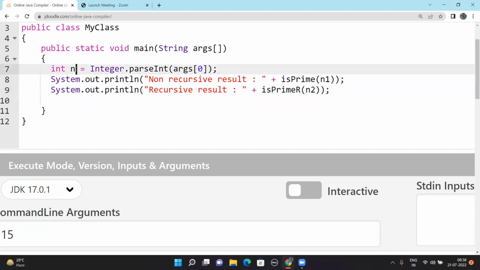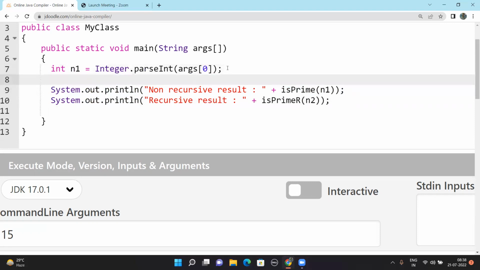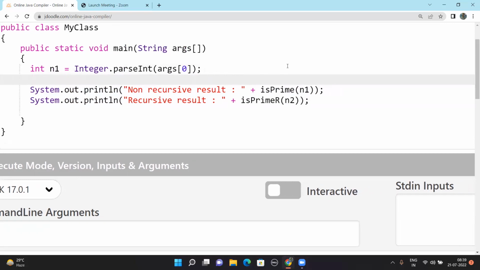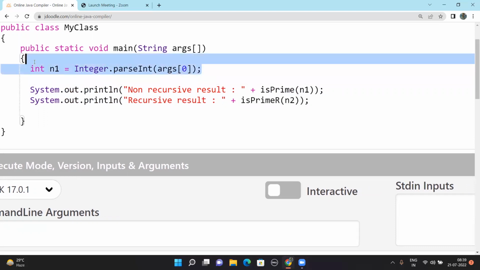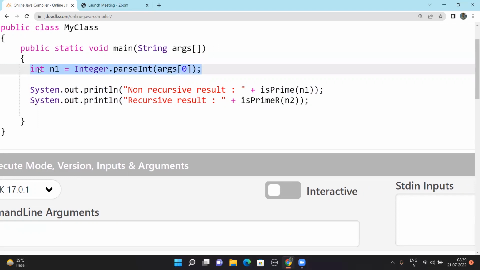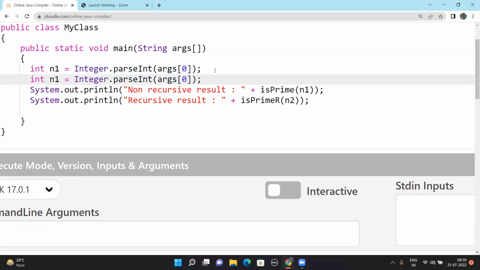And this is n1. Let us read one more command line argument. Instead of typing, I just copy and paste to save your time.